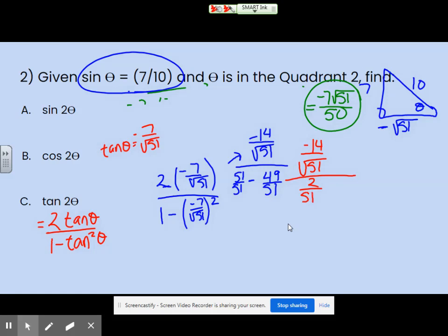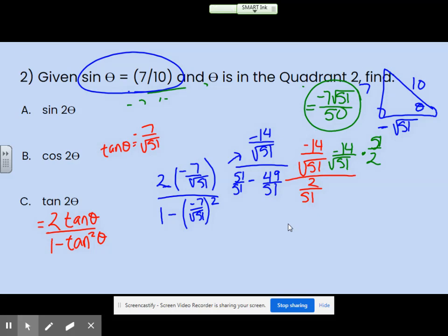But I have a fraction over a fraction, which means that I'm going to be able to do that by multiplying by the reciprocal of the denominator. So my numerator, that negative 14 over radical 51, stays the same. And I multiply by the reciprocal of the denominator. Our denominator is 2 over 51. Reciprocal makes it 51 over 2. All right. So this was a lot, right?